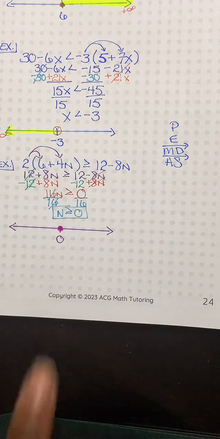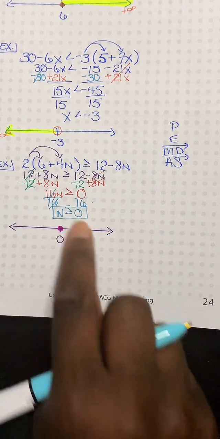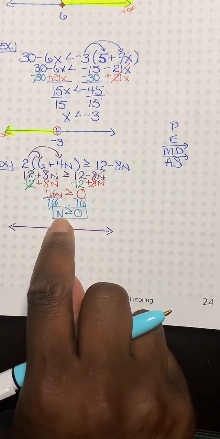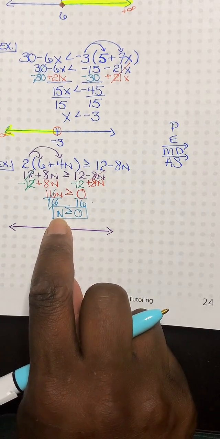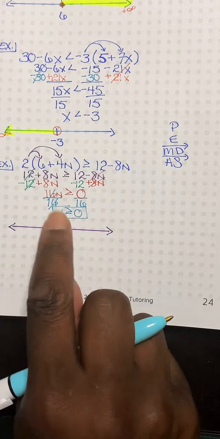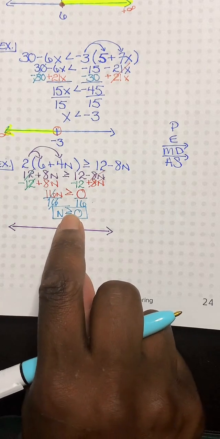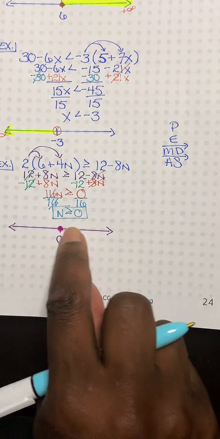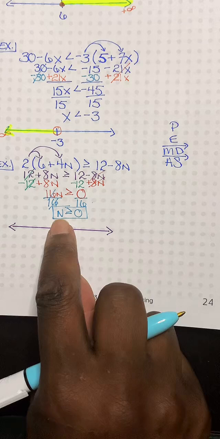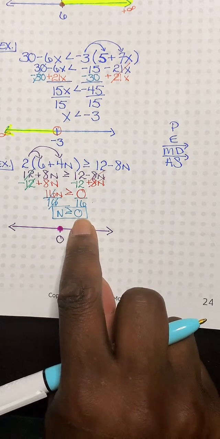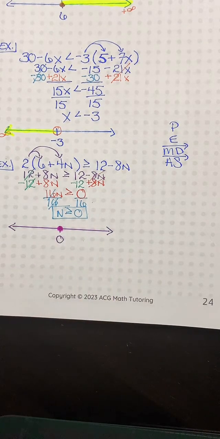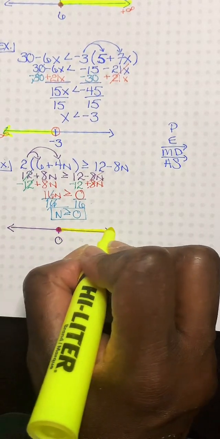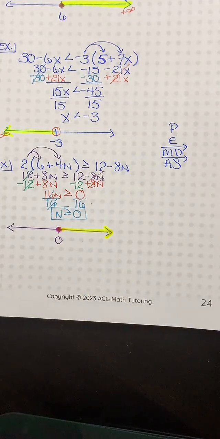So if it's greater than, and your variable is on the left-hand side, just like what Moody said earlier, you can use your inequality symbol as an arrowhead. It's pointing to the right. So n is greater than or equal to 0. That means we're dealing with 0 and anything larger, all the way to positive infinity.